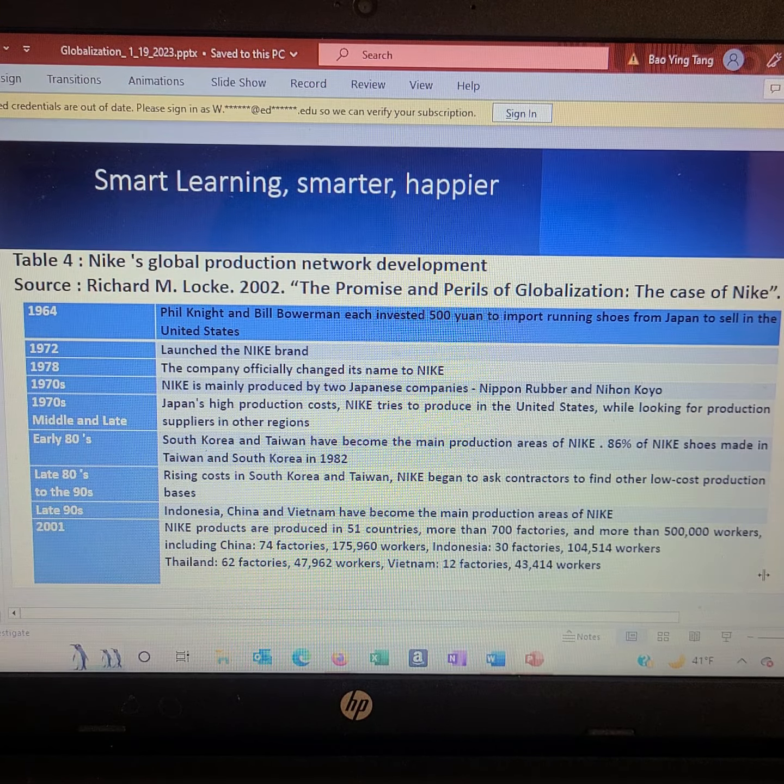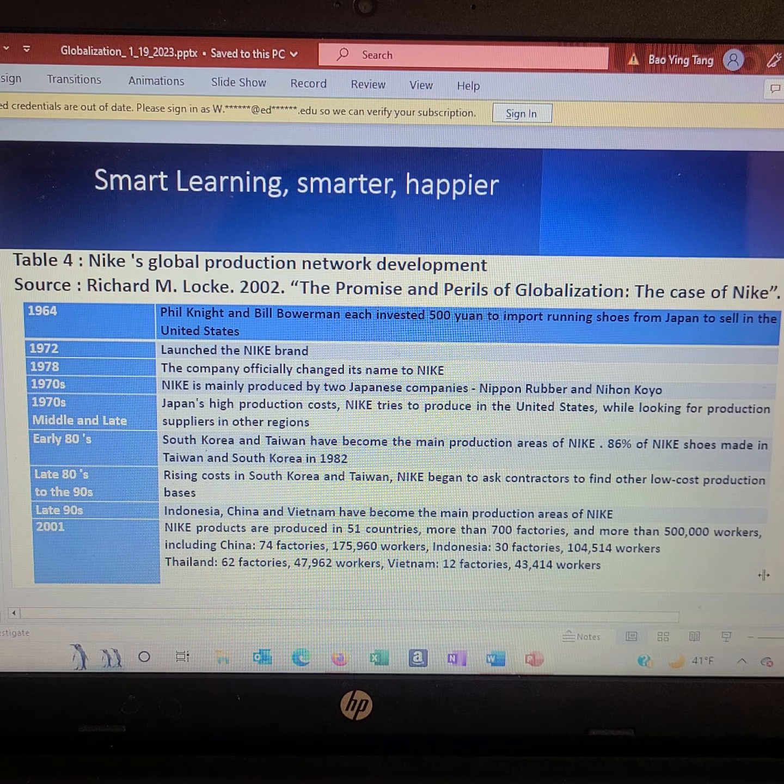During the 1970s, Nike was mainly produced by two Japanese companies, Nippon Rubber and Nihon Kohyo. Up to the middle and late 70s, because of Japan's high production costs, Nike tried to produce in the United States while looking for production suppliers in other regions.